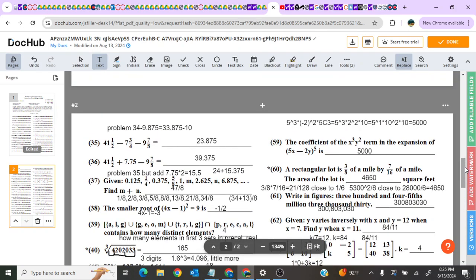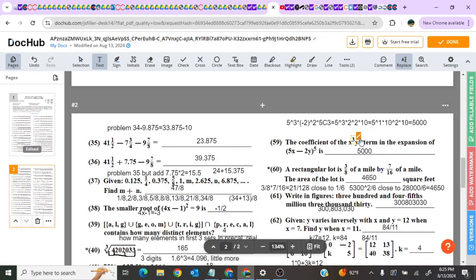59, coefficient of x cubed y squared in the expansion, that is what? Well, the coefficient is based on a few things. The coefficient of the x powered to the x power times the coefficient of the y powered to the y power, plus this number combination, one of these two numbers. So 5 combination 3.